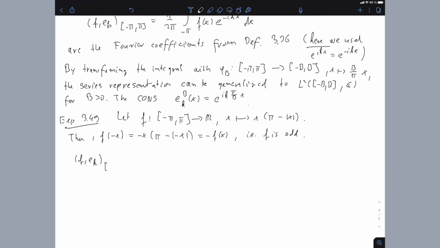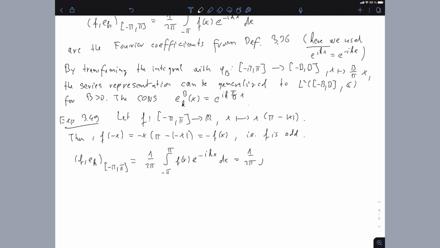To compute the Fourier series, we need to compute all the Fourier coefficients. So all the integrals of f with e to the minus ikx: the integral from minus pi to pi of f of x, e to the minus i k x, dx.